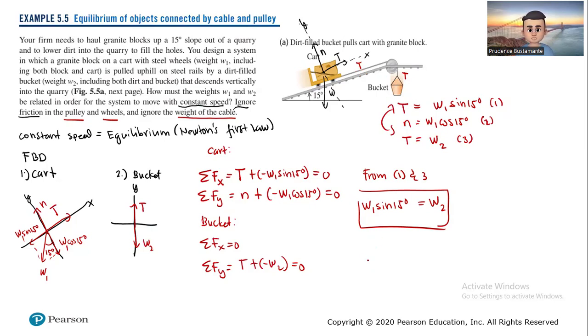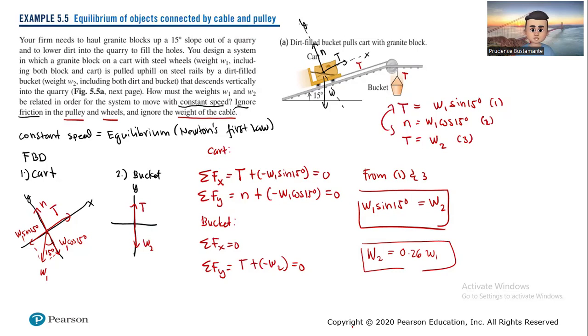Another way to say it is that weight 2 is equal to 0.26 weight 1, because the sine of this angle is 0.26. Okay, those are the relationships.